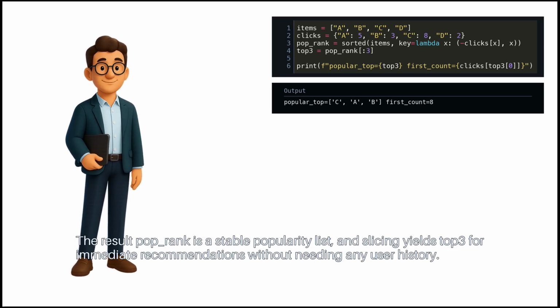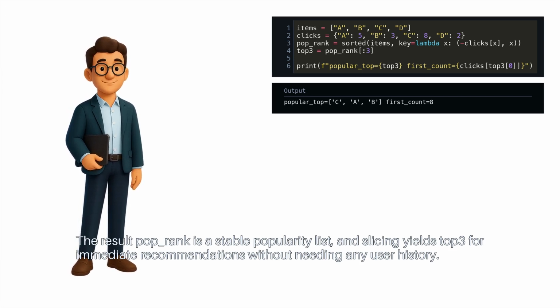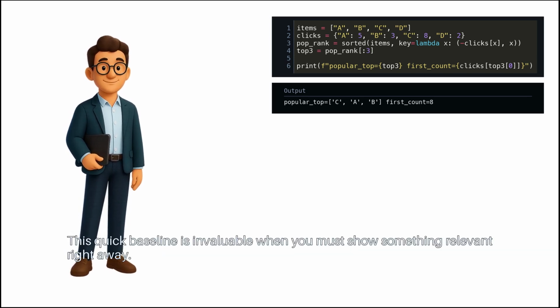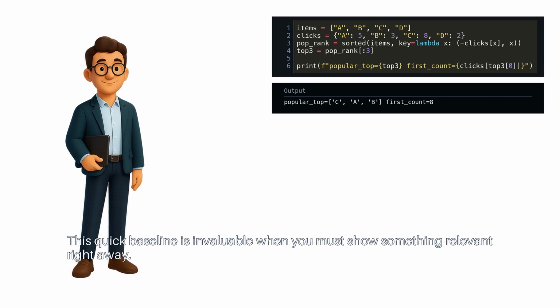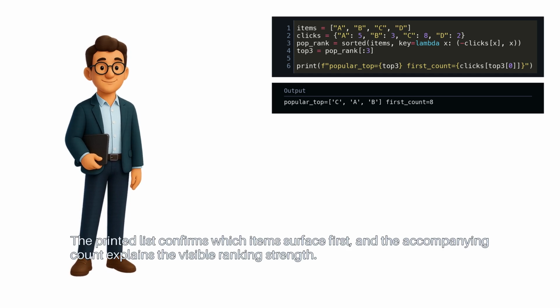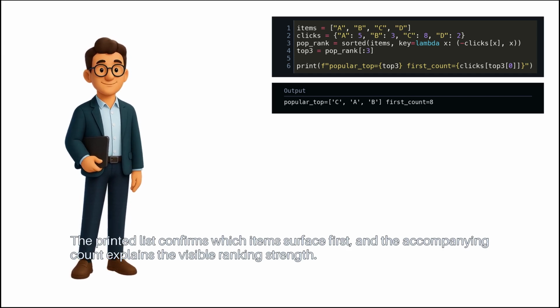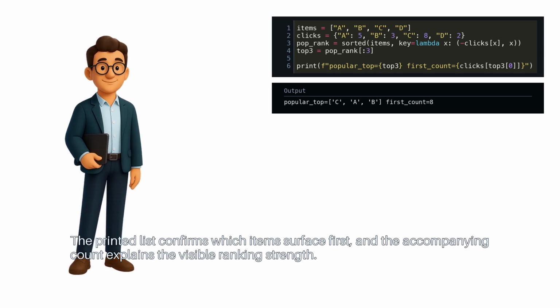The result, pop_rank, is a stable popularity list, and slicing yields the top 3 for immediate recommendations without needing any user history. This quick baseline is invaluable when you must show something relevant right away. The printed list confirms which items surface first, and the accompanying count explains the visible ranking strength.